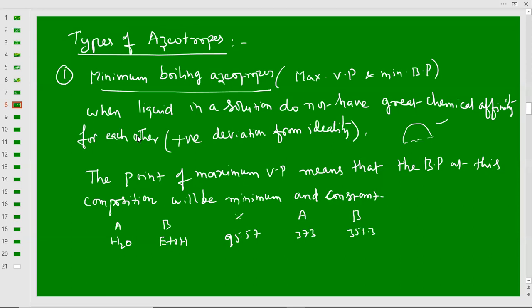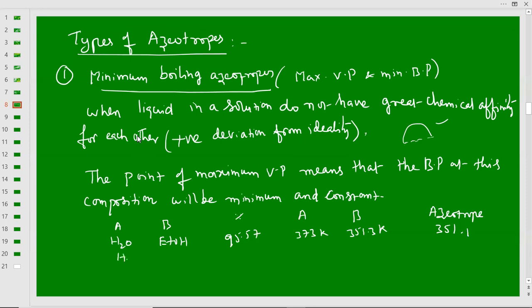And the azeotrope boiling point, I am writing in Kelvin, is 351.1. So it is lesser than the individual boiling points.